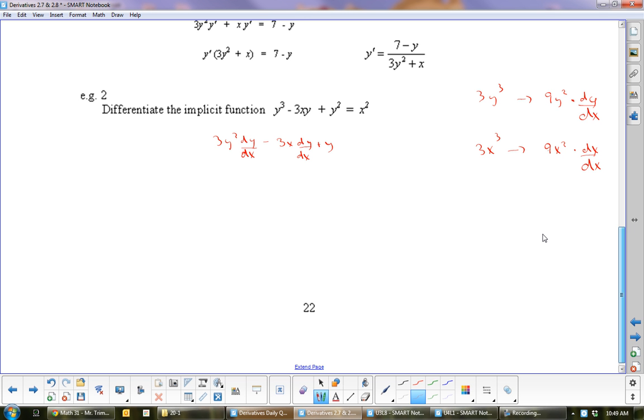Actually, sorry, it should be just 3, right? The derivative of 3x would be 3. Plus 2y dy over dx equals 2x, and you don't have to put dx over dx. It's just 1. If you wanted to put that every time, you could.